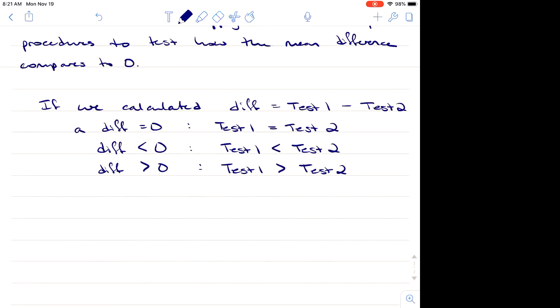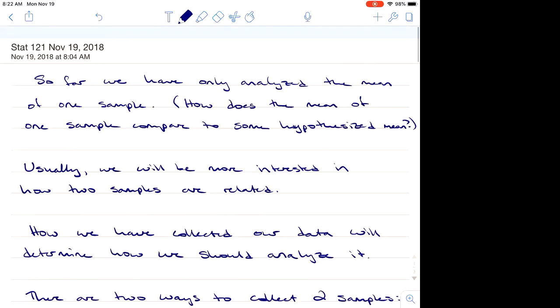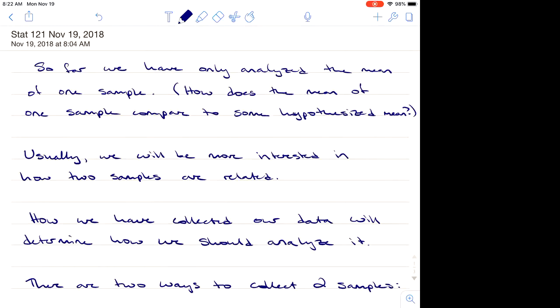What's nice about matched pairs is that, remember before, for one sample, how does the mean of one sample compare to some hypothesized mean? We had to figure out what that number was. For matched pairs, we're always talking about how does the difference compare to 0.